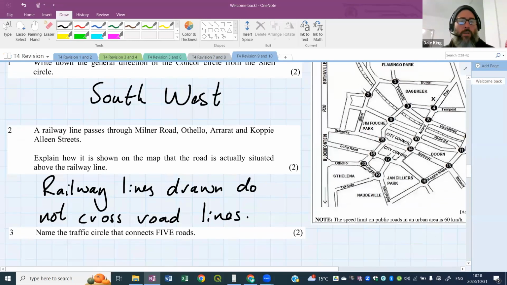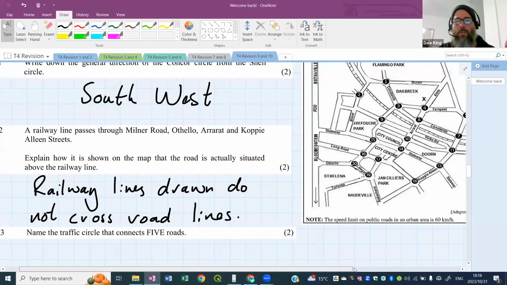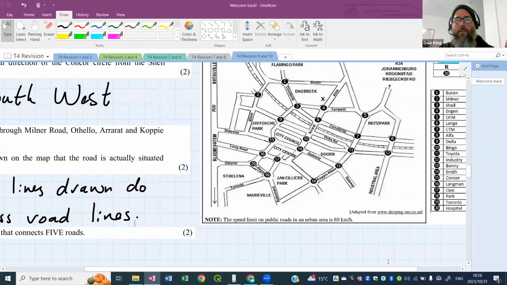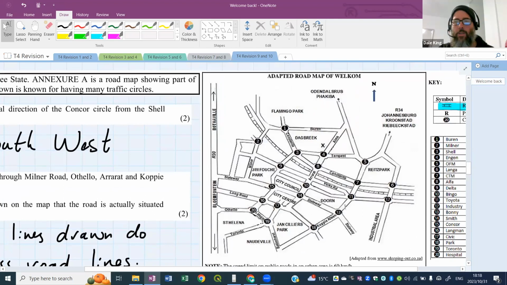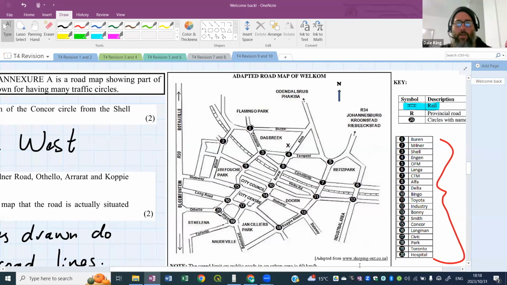Name the traffic circle that connects 5 roads. I don't know if you can see the names there on the right-hand side, those little numbers. There we go. Name the traffic circle that connects 5 roads. Say the number or the name if you want.